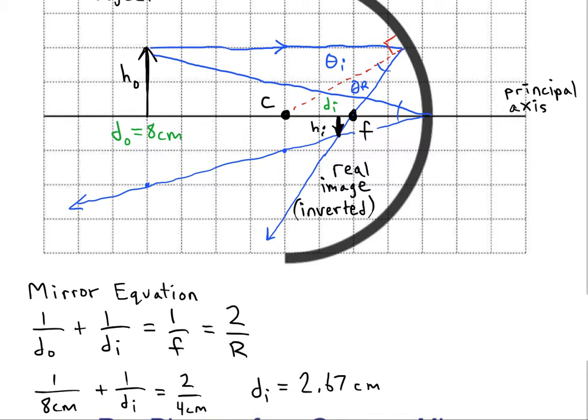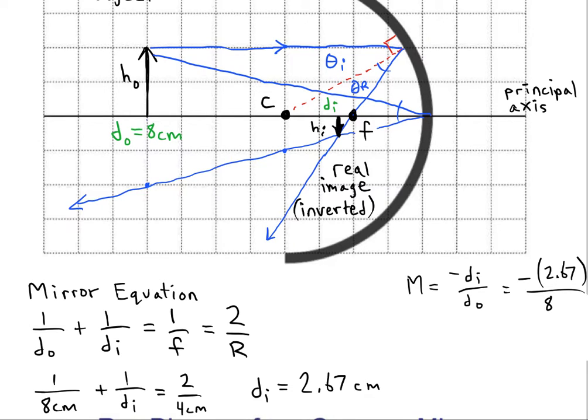All right, let's find the magnification though. We can use negative DI over DO. Now our distance of our image was found to be 2.67, and our distance of our object was originally 8.